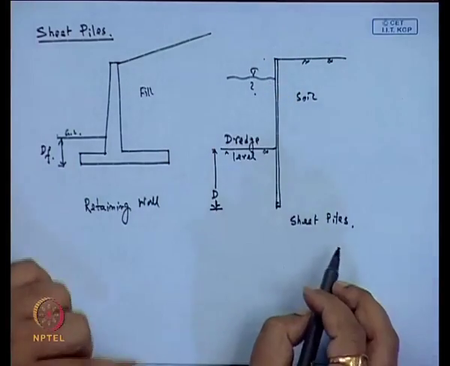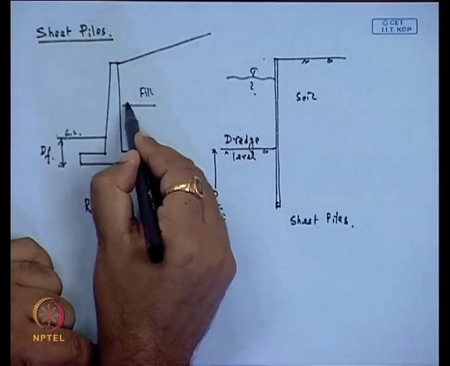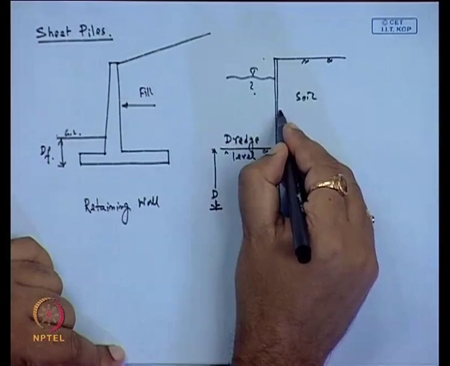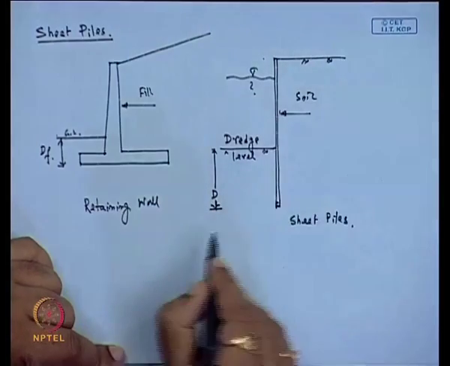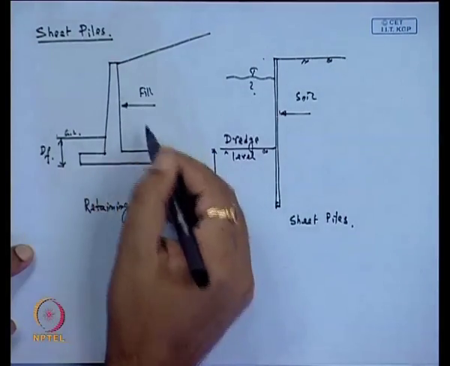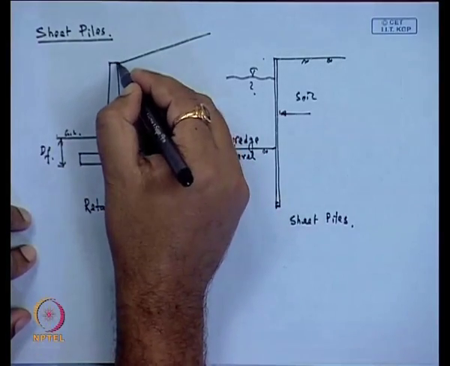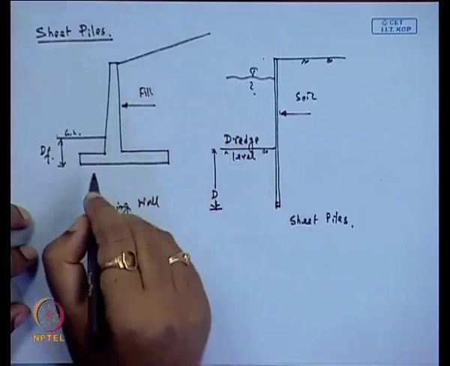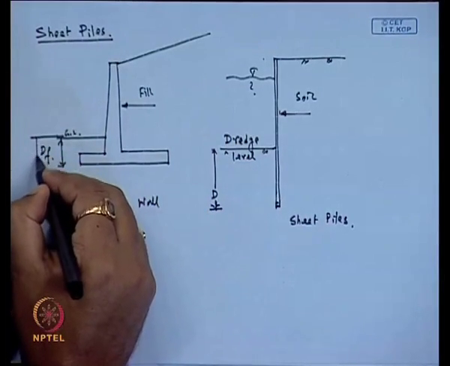So, now here we can see that lateral pressure is acting on the retaining wall here, and here also lateral pressure is acting on the retaining wall. That means, when we are designing the traditional retaining wall, we consider that on this side active pressure is acting, and on this side passive resistance is acting.